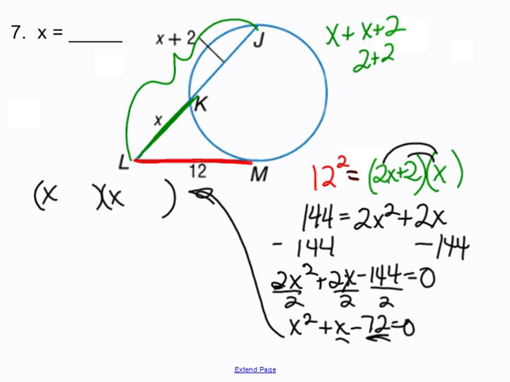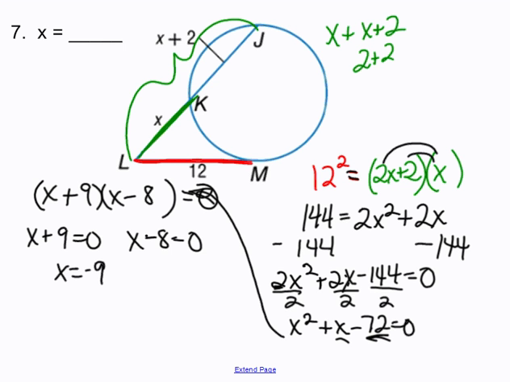That's going to be a positive 9 and a negative 8. So set them both equal to 0. And I get x equals negative 9 and x equals positive 8. It can't be negative, it's got to be positive, and x is 8.